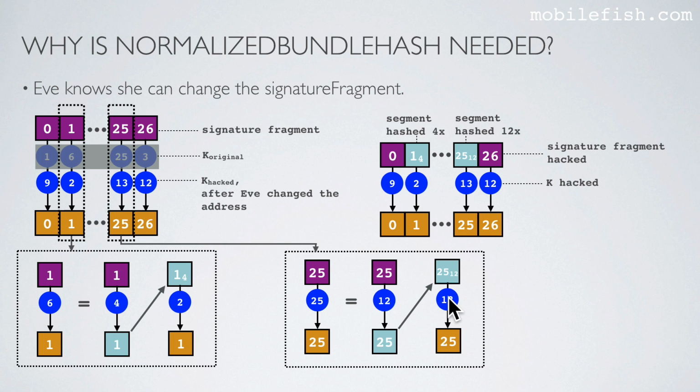This is only possible if the original segment is hashed 12 times, as indicated here. This hash value is already hashed 12 times, and by hashing it another 13 times, you get the same result as the original situation. However, Eve is not successful because this segment and this segment cannot be changed.